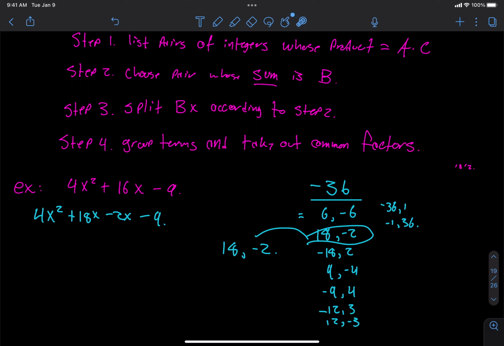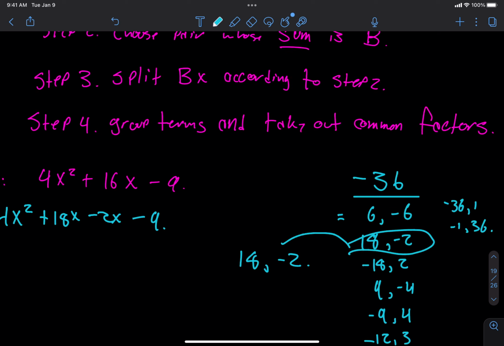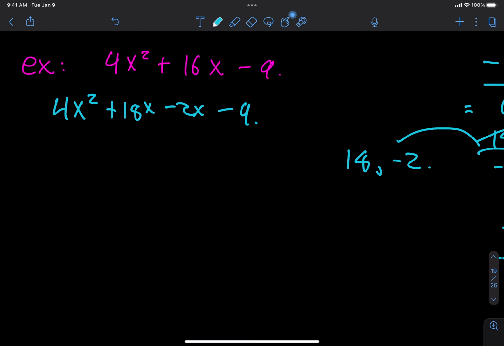Okay, so now what we have to do is group terms and take out common factors. So I'm going to rewrite this a little bit differently. I'm going to group the first 2 terms together, 4x squared plus 18x, with parentheses. And then I'm going to do a plus sign.